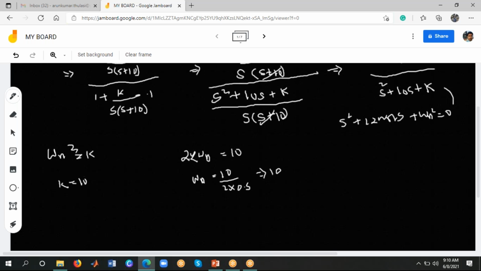Then what is the value of omega n? K is equals to 100, omega n equals to 10 and zeta is equals to 0.5. So the gain value of the given system is k is equals to 100.